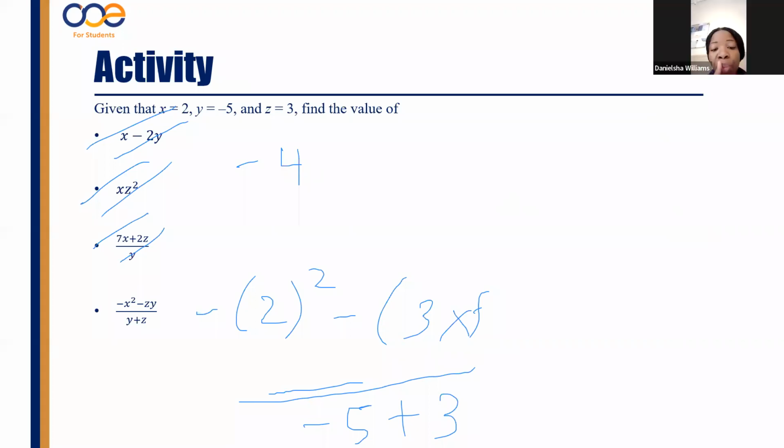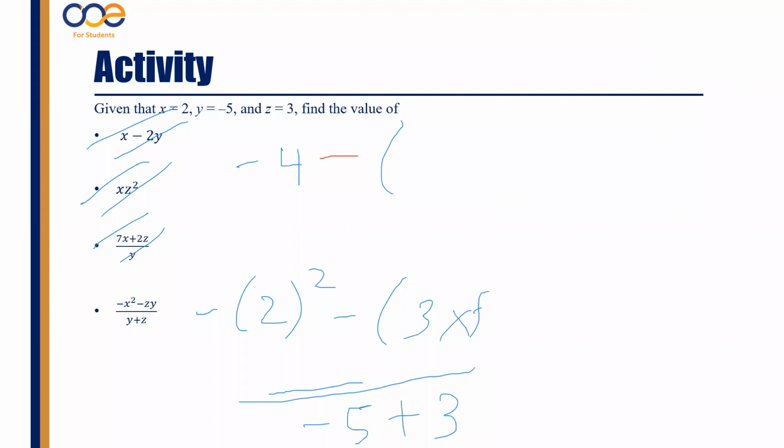Okay, now a point of observation here. Let me change the color. We have a takeaway, and then our answer from z multiplied by y is what?